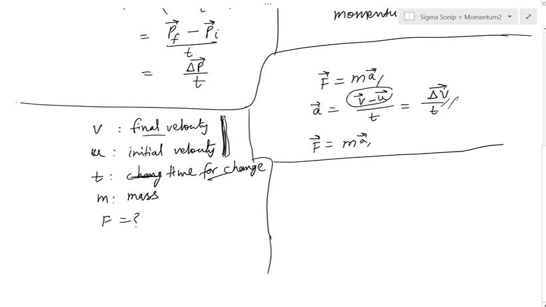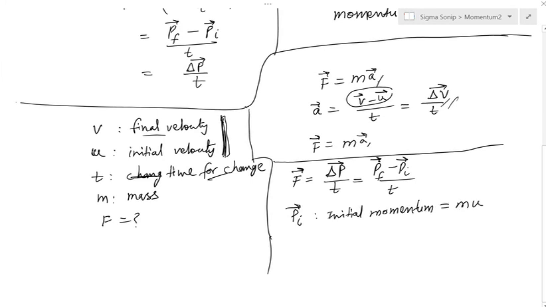The second method of solving these kinds of questions is using momentum. We look at the equation F equals delta p over t, or in other words, pf minus pi divided by t. Here we just need to find the initial momentum, which is m times the initial velocity u.